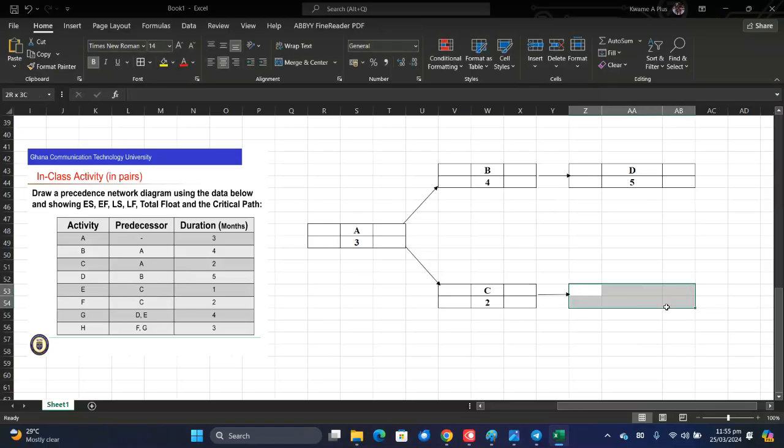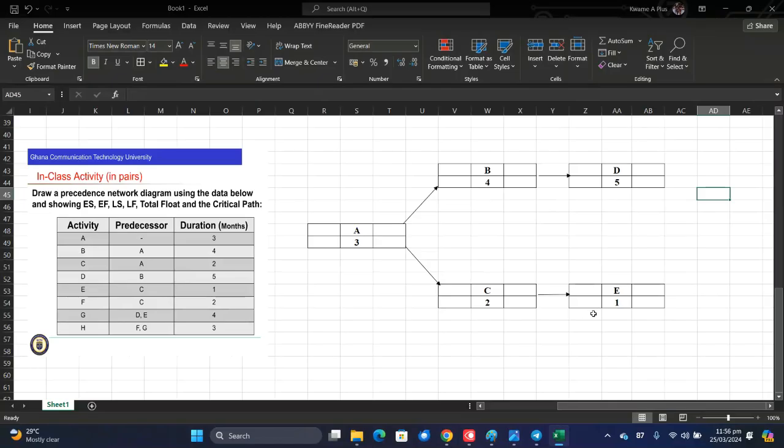So I have this also in here. And then I have E, right? And then I have 1. Let me play this one. And then C precedes F. So C precedes what?